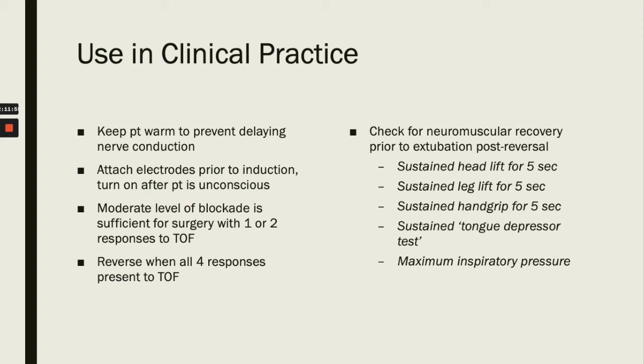Now, the sustained tongue depressor test is going to be kind of hard, because the patient is supposed to bite down on the tongue depressor and hold it while you're trying to jerk it away. But if they have an ET tube in and maybe a bite block that you've created, they can't bite down on the tongue depressor and hold it in place.